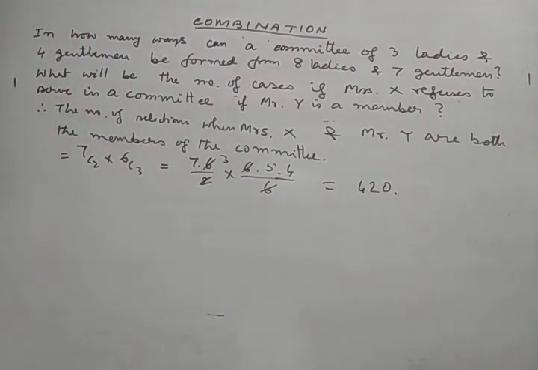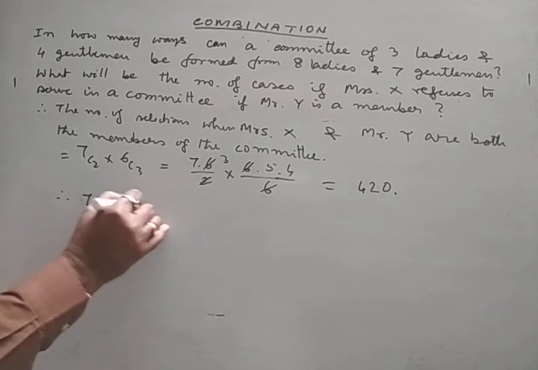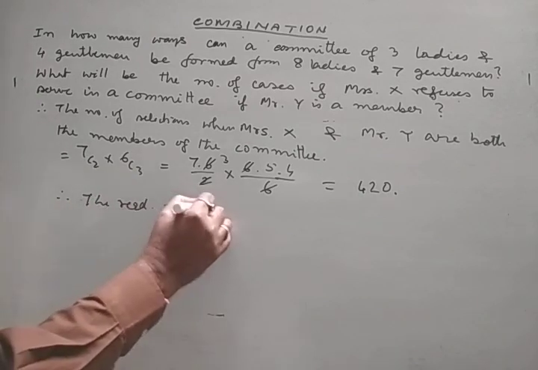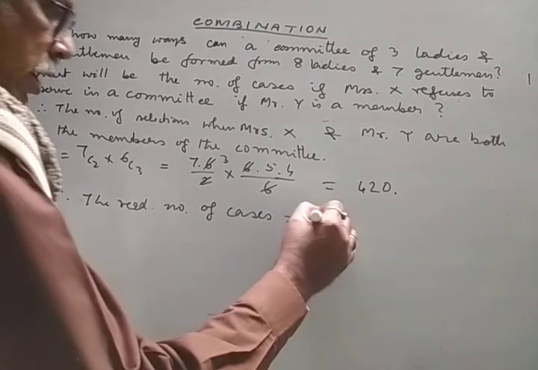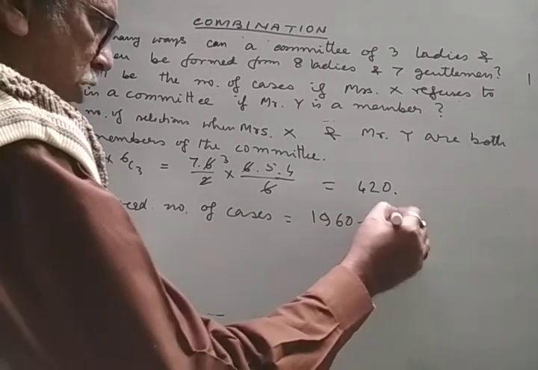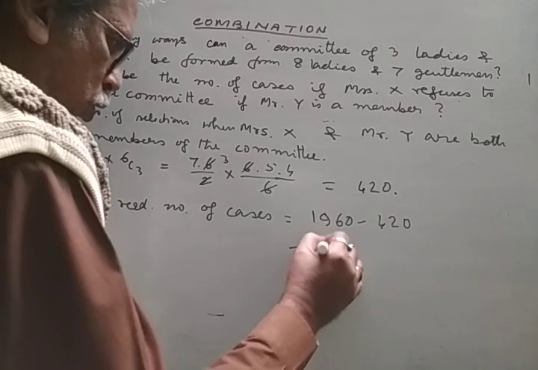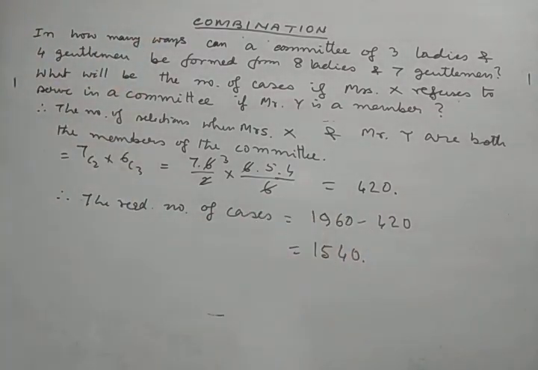Therefore, the required number of cases is equal to 1960 minus 420 is equal to 1540.